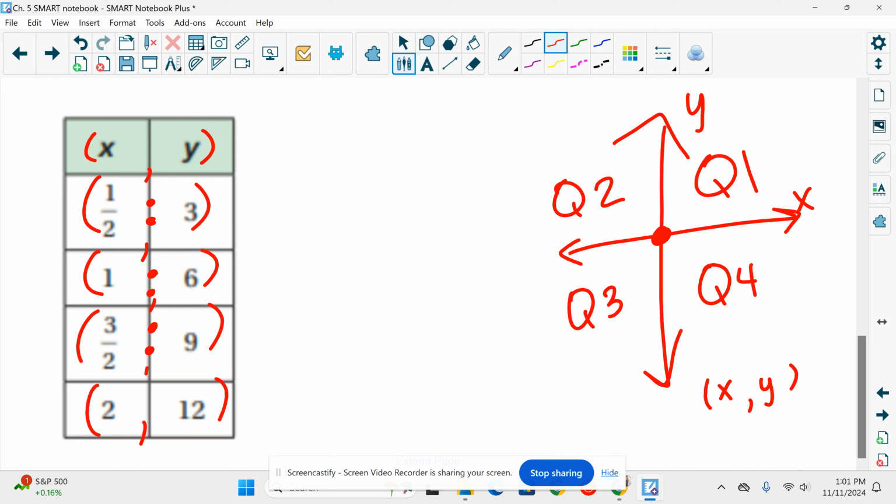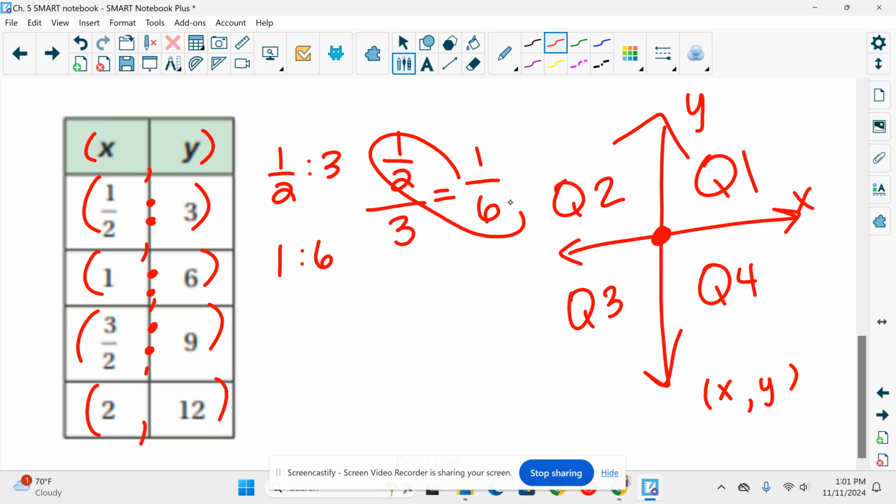You want to use values or cross products? Cross products. So we've got 1/2 to 3, and we've got 1 to 6. If I want to set that up using cross products, I have 1/2 over 3 and 1 over 6.